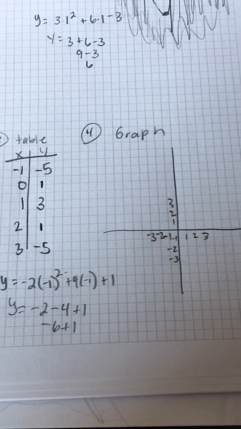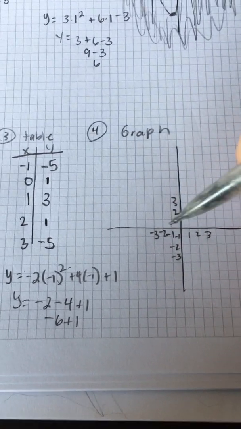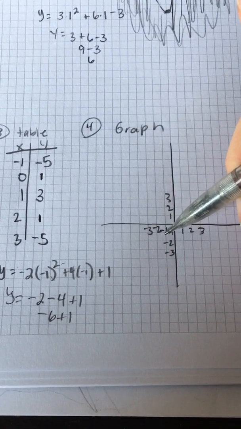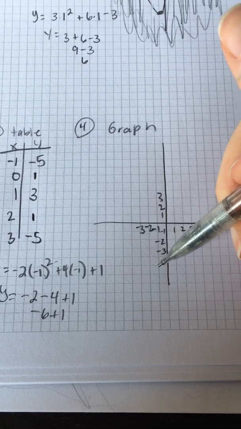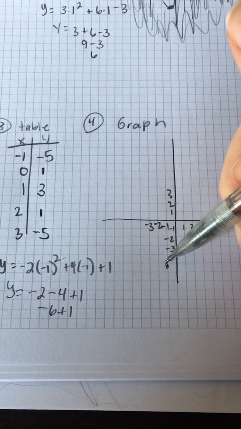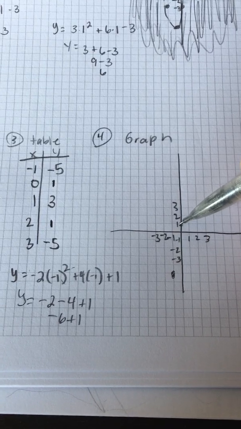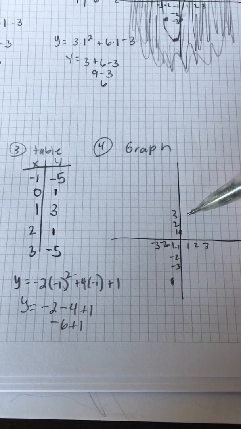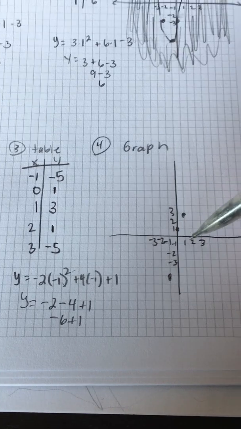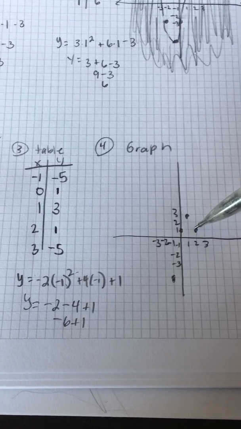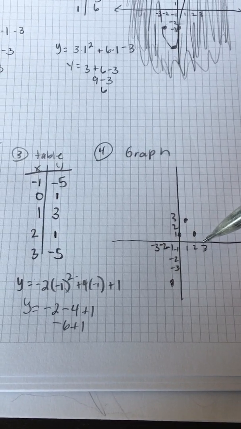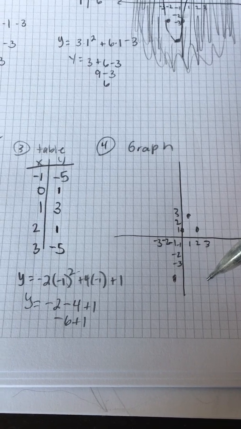I'm ready to plot these points, moving 1 to the left and down 5, and putting a point, staying at 0 and going up 1, 1 to the right and up 3, 2 to the right and up 1, 3 to the right and down 5.